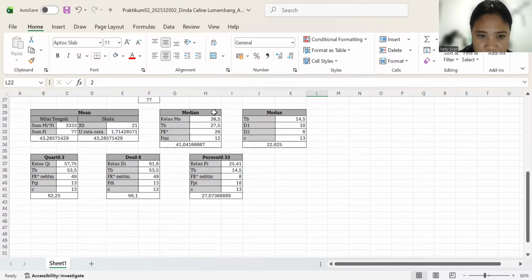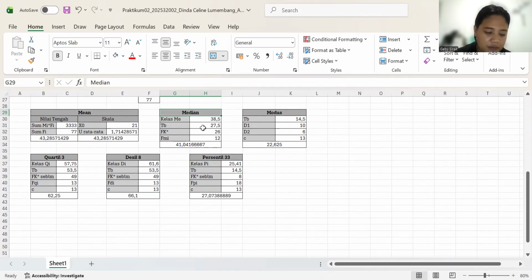Median. First, we must determine the median class by calculating half of the total number of data, defined by n divided by two, and using the cumulative frequency column, we find the corresponding row and calculate the lower edge by subtracting 0.5 from the lower class limit.